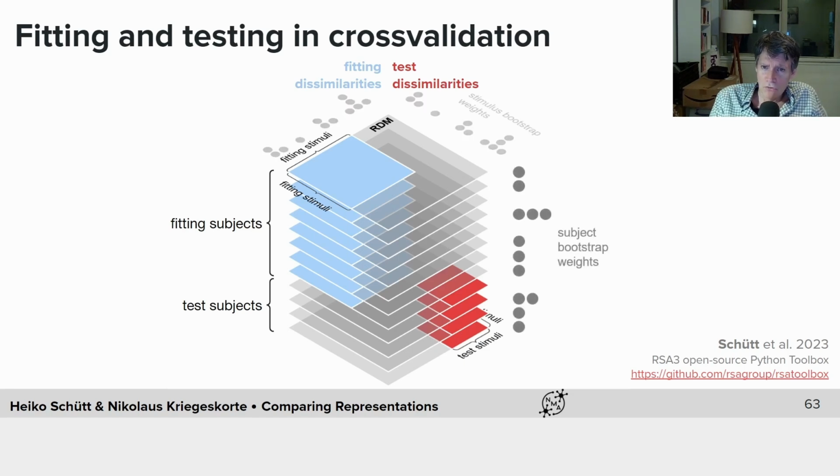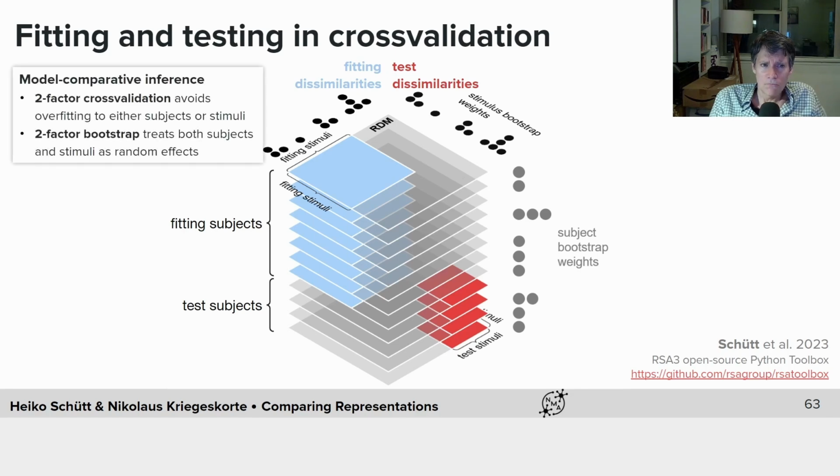And therefore, we wrap bootstrapping around this cross-validation procedure. And the bootstrapping is also two-factor bootstrapping. So we bootstrap resample the subjects as well as the stimuli in order to simulate how variable our estimates would be if we repeated our experiments for different random samples of subjects and stimuli drawn from the same distributions.